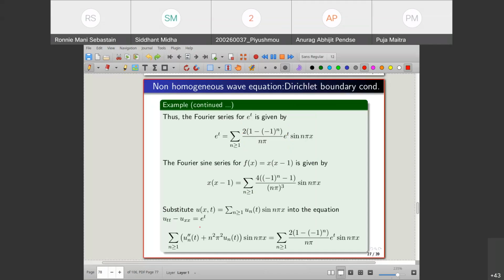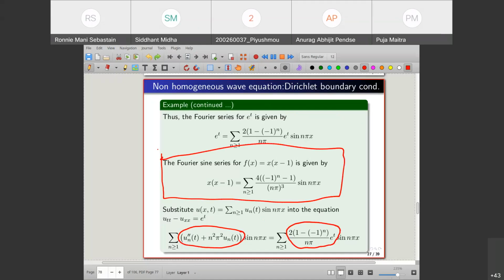So now we substitute this into the equation. What we need is that this term over here should be equal to this term over here. Let's just forget about this piece of information for a few seconds.